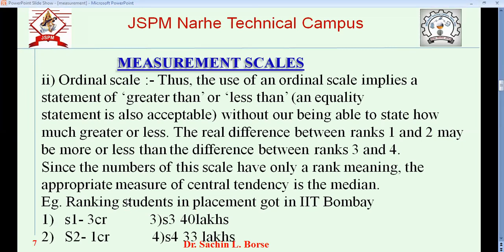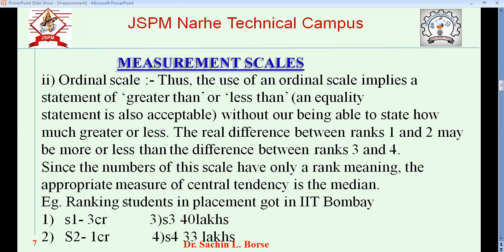Also, the equality statement is acceptable here, without our being able to state how much is greater or how much is less. We only know that S1 is better than S2 and S2 is better than S3, but we don't know to what extent. That is called an ordinal scale.